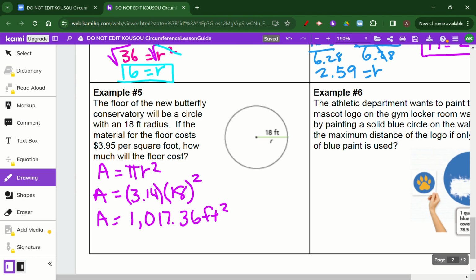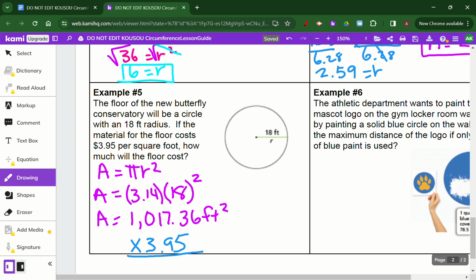Now that you know what the area is, it's 1,017 square feet, and it costs $3.95 for 1 square foot, right, per square foot. So what we're going to do now is multiply this by $3.95 to figure out our total cost.